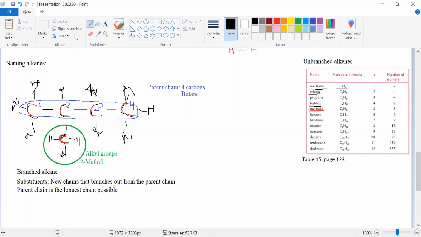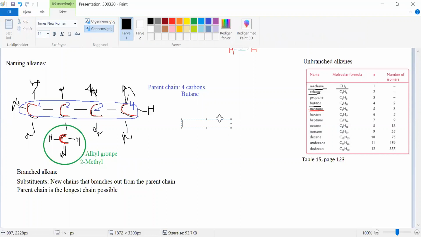And to form the name in the end, the method for naming alkanes is that you put the substituents' names, and then plus the parent chain name.